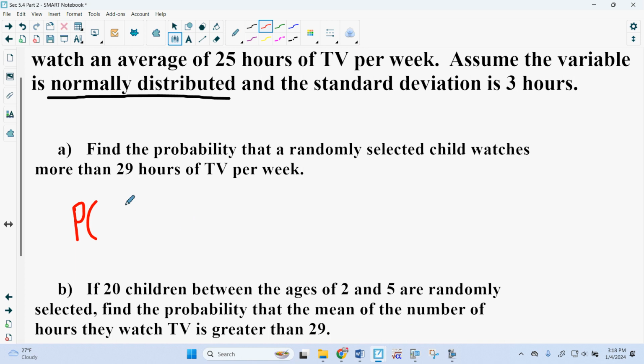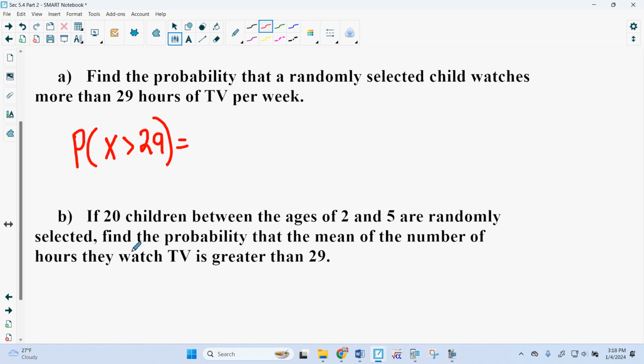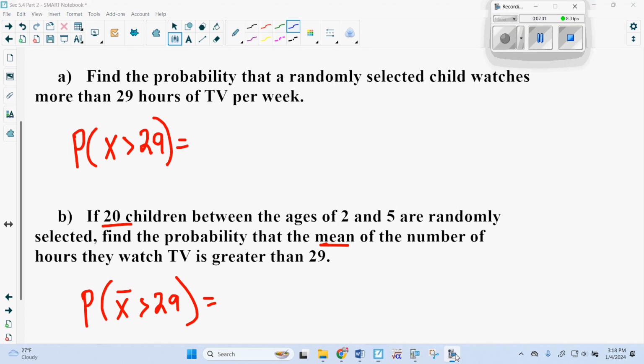A randomly selected child, more than 29, is just an x. B, if 20 children between the ages of 2 and 5 are randomly selected, find the probability that the mean number of the 20 is greater than 29. So that would mean x bar is greater than 29.